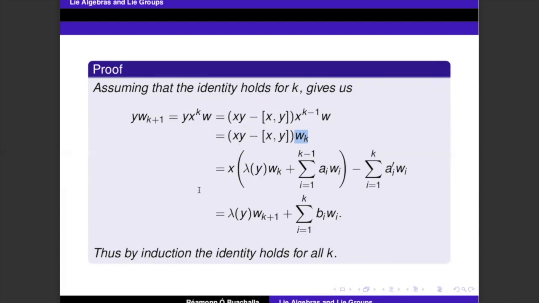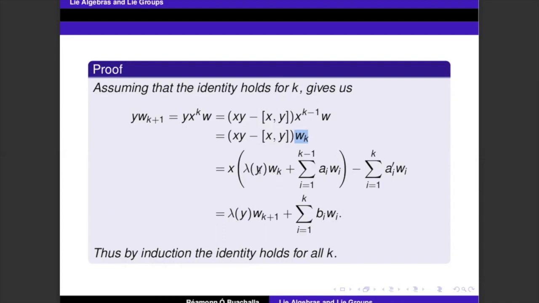Now, by assumption, we're going to just distribute this over the bracket by multiplication. See that now when we bring this in, our y is going to act on our wk. But how does that work? Well, we're down one term, so we can apply the inductive assumption, the inductive hypothesis.